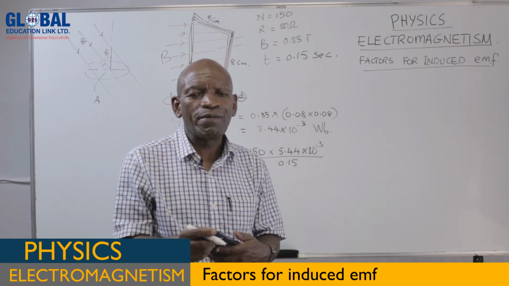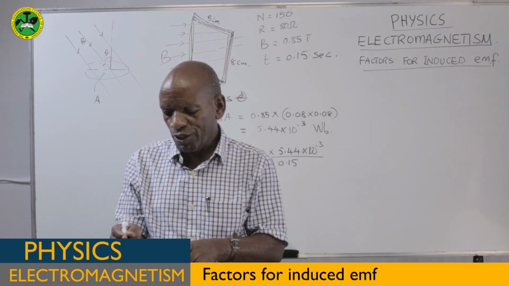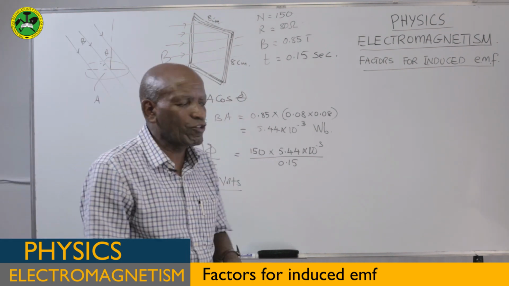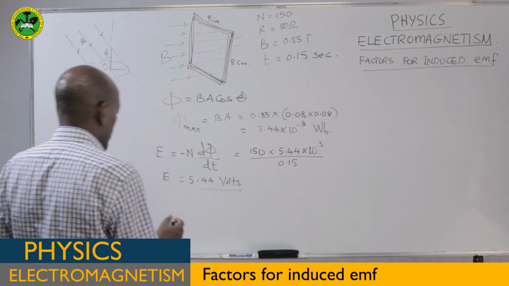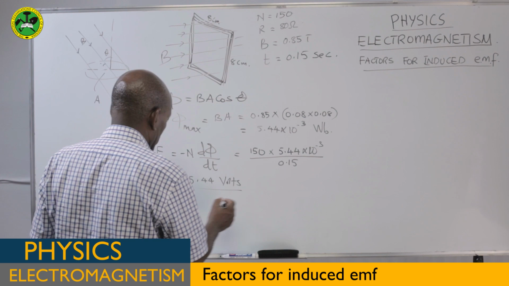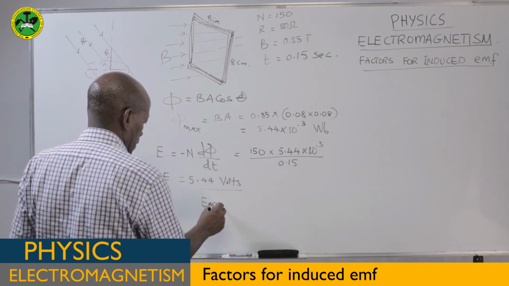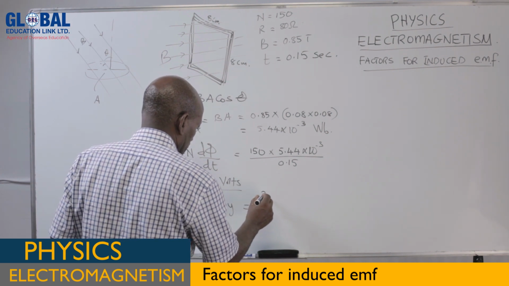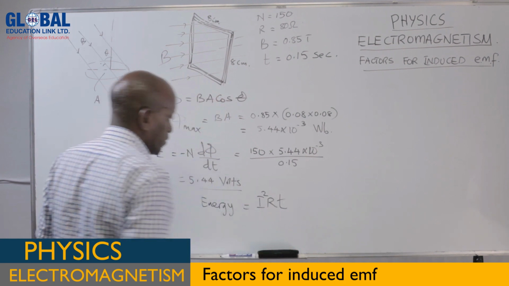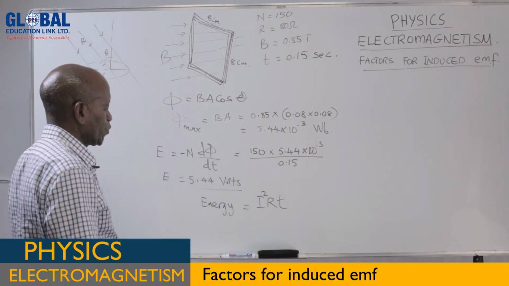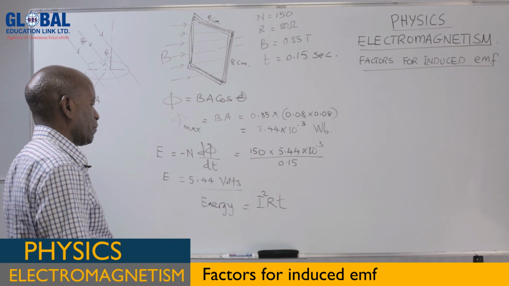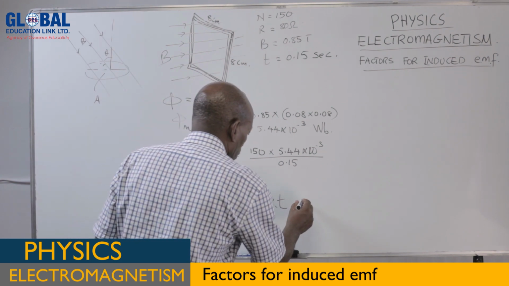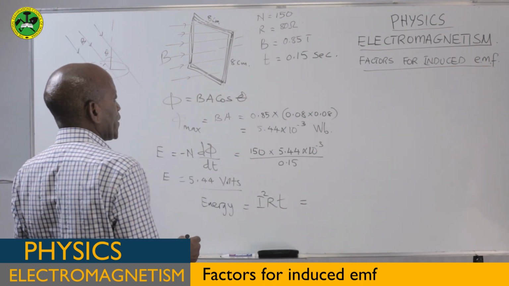Now we are asked to determine the actual energy which is going to be dissipated. The actual energy dissipated is just equal to I squared times R times T. To compute this, we need to substitute the current.